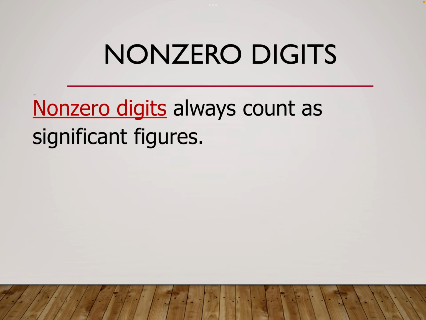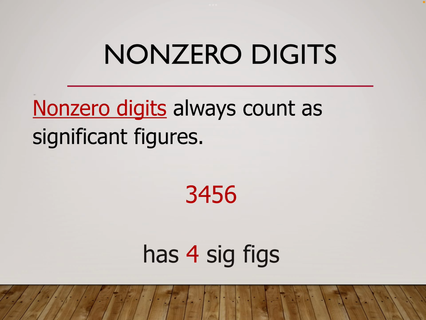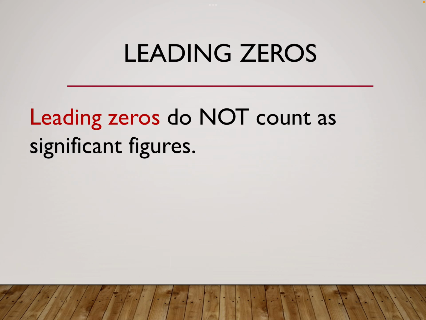So, to review, non-zero digits always count as significant figures. Like all of these, you see none of these are zeros, so therefore all of these are significant, and this has 4 sig figs, 1, 2, 3, 4. Okay, leading zeros, zeros in the front, like this, those are not significant.